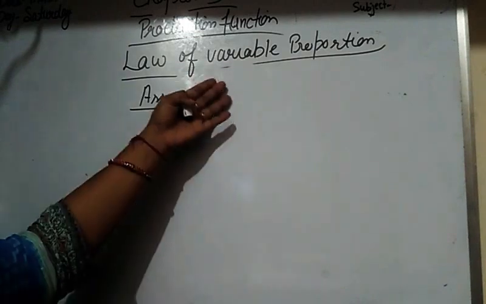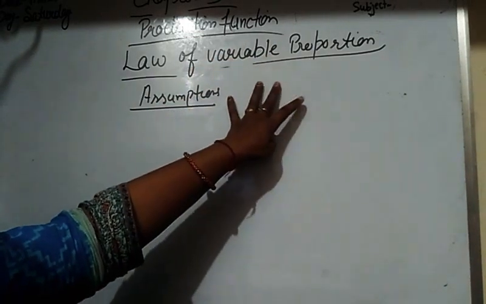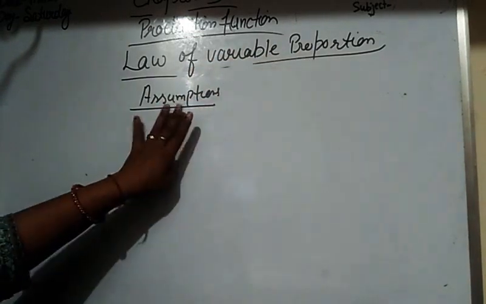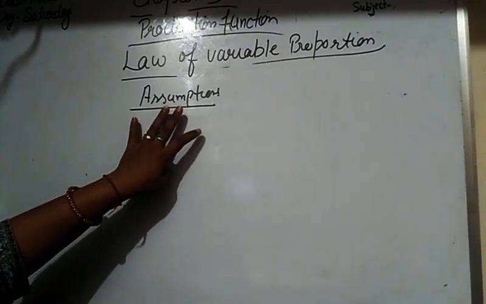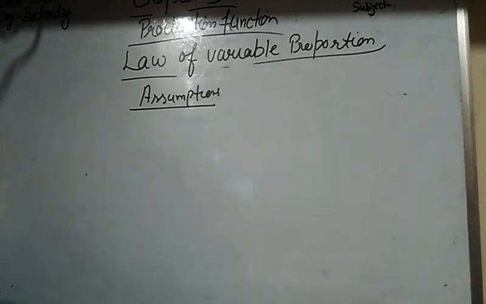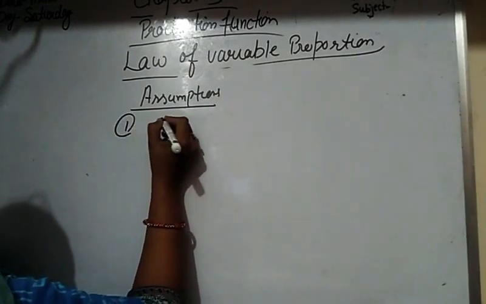First, in which conditions is the law of variable proportion applied? First, it operates in the short run, and factors are classified as variable and fixed factors.